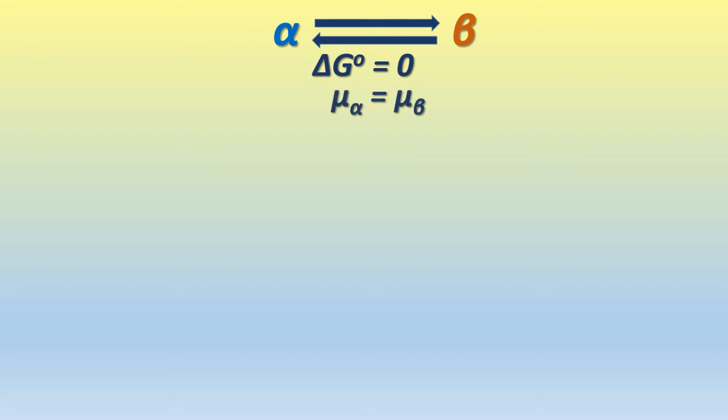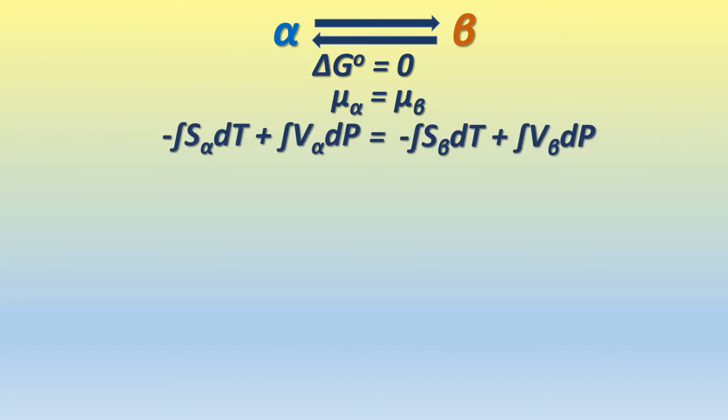So I have a phase equilibrium between alpha and beta where delta G is equal to 0. That means that the potential of alpha is equal to the potential of beta, or minus S alpha dT plus V alpha dP is equal to minus S beta dT plus V beta dP.